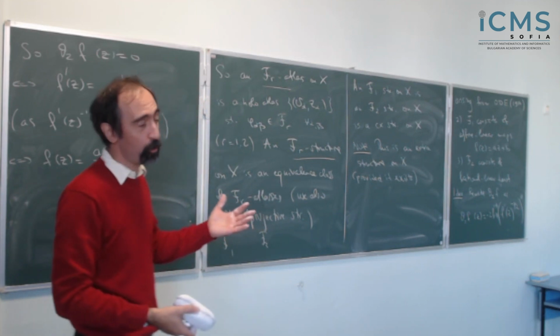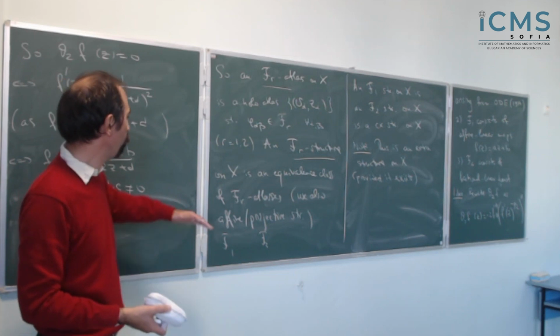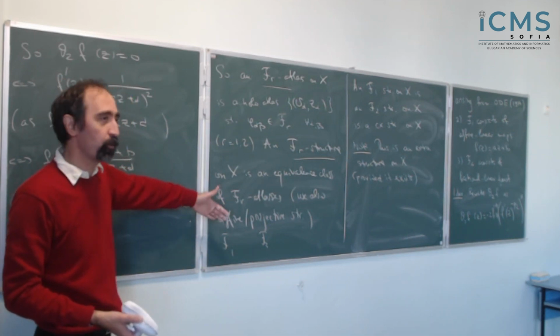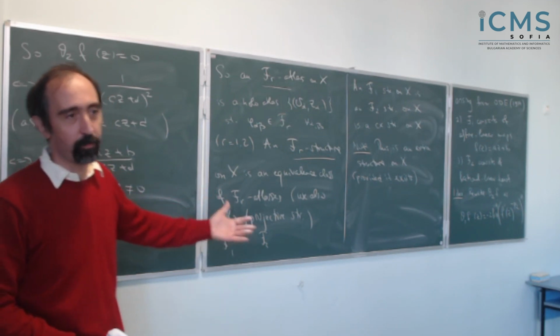In principle, actually, you could look for affine or projective structures that are not necessarily compatible with your complex structure. So people call these real projective structures.